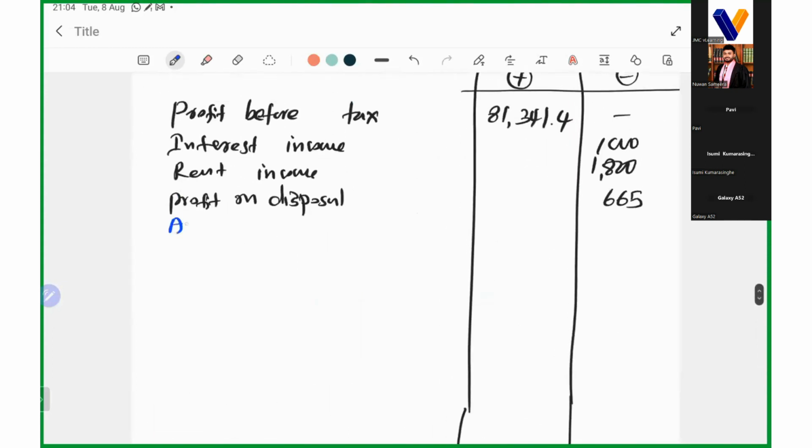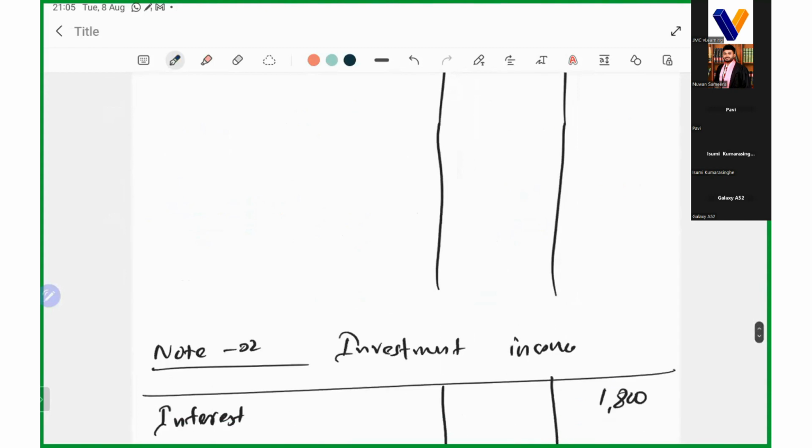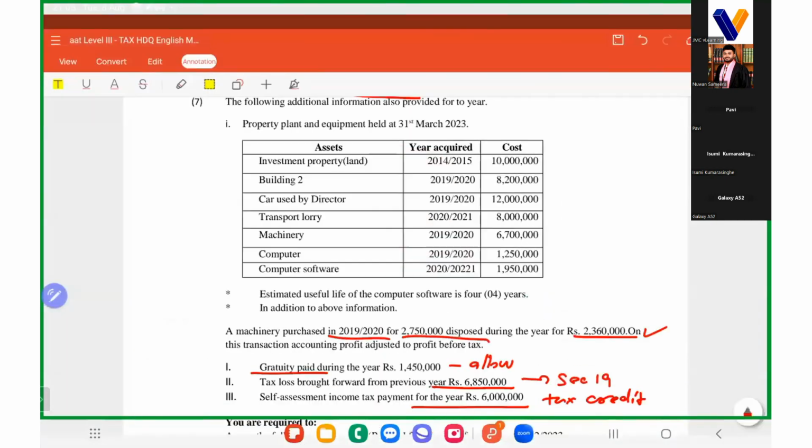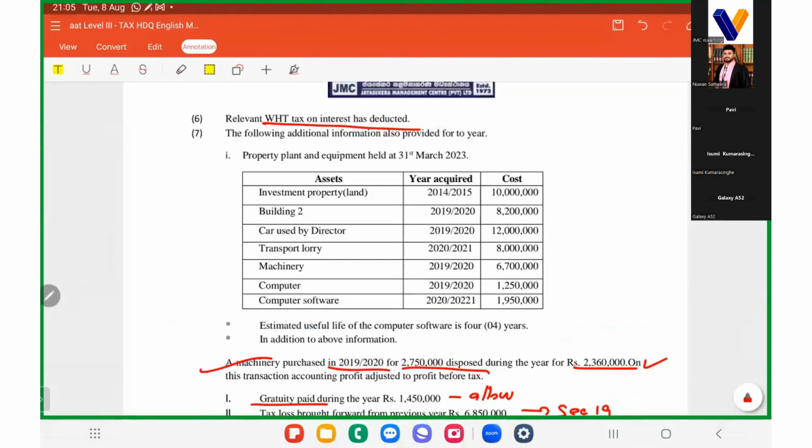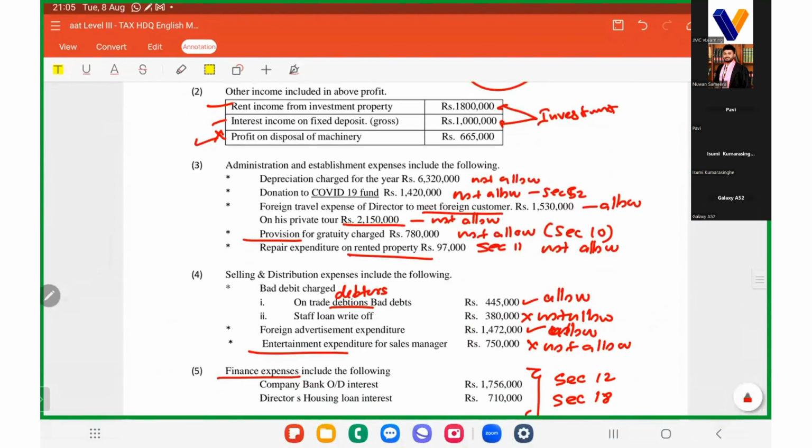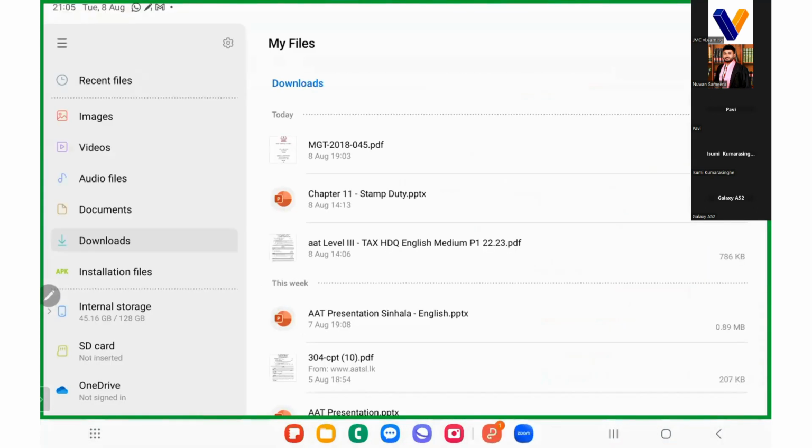So here, accessible charge means gain for tax purposes, 1,260. So then we consider this one, and then there is a depreciation charge.